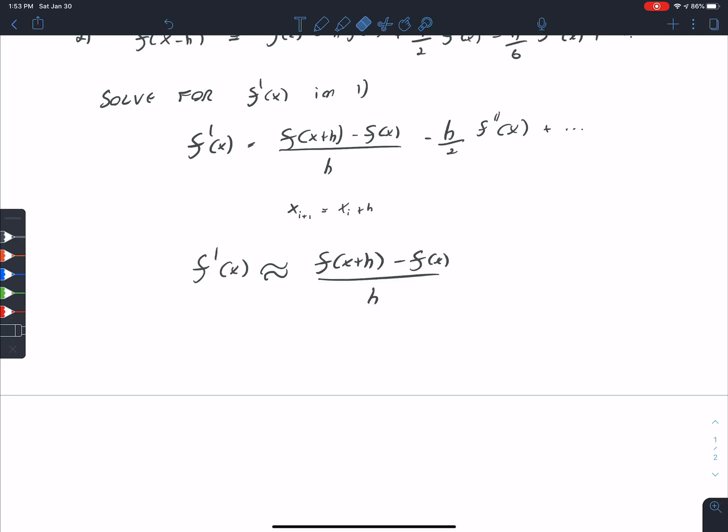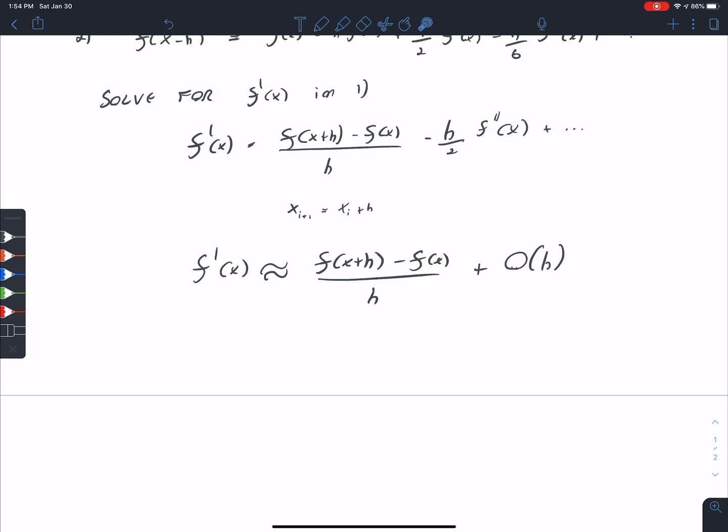So the largest term in the series here will be 0.1, right? So we'll keep track of the largest error, so we write this plus a term, the largest term of which is order, so big O for order, h.